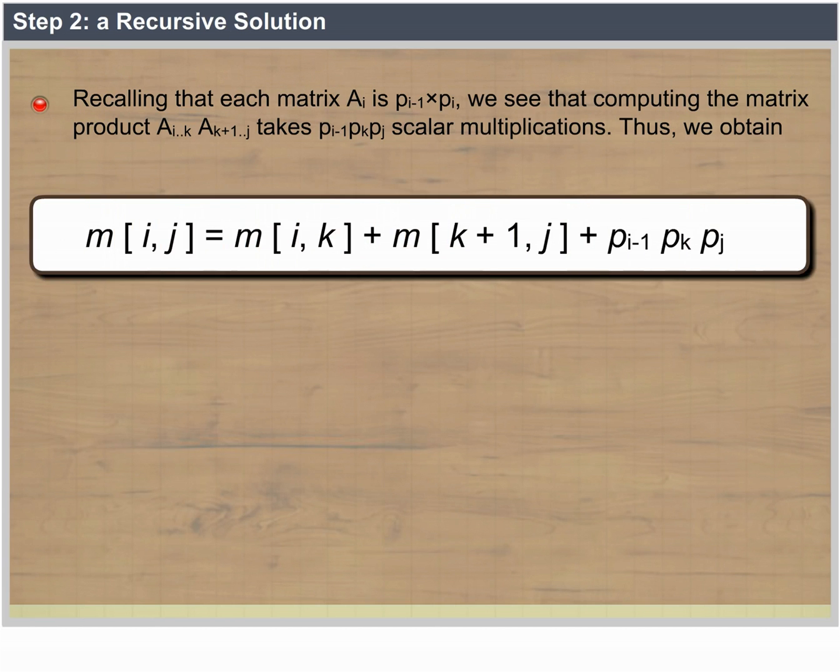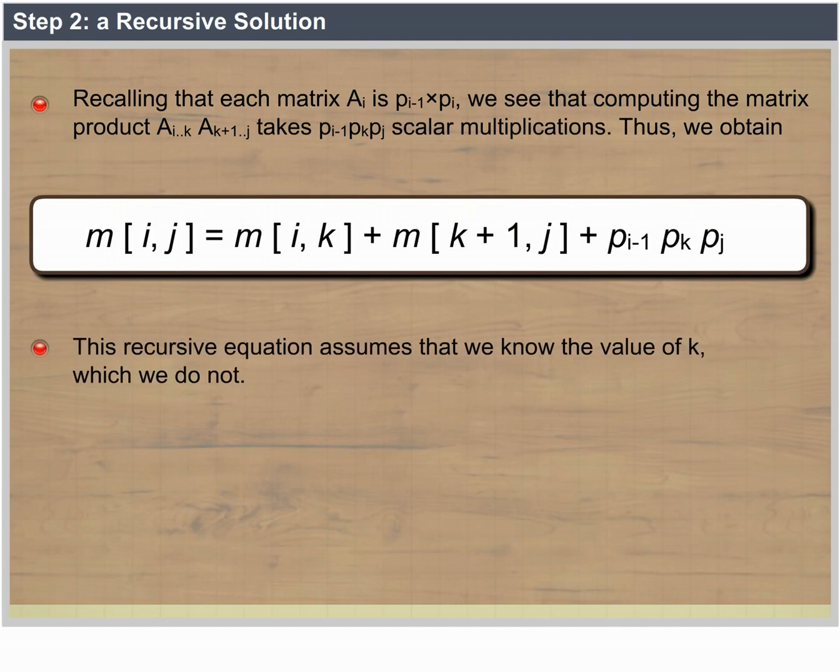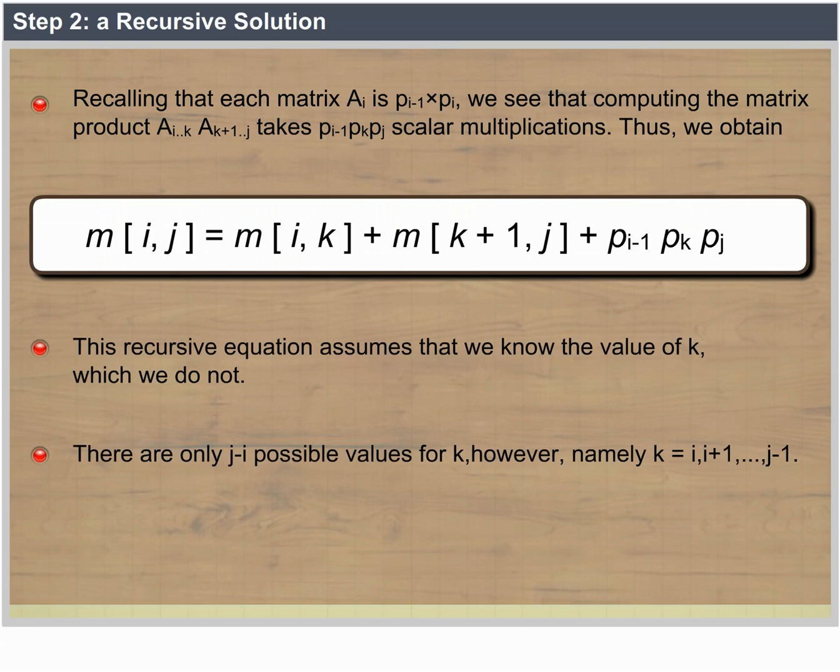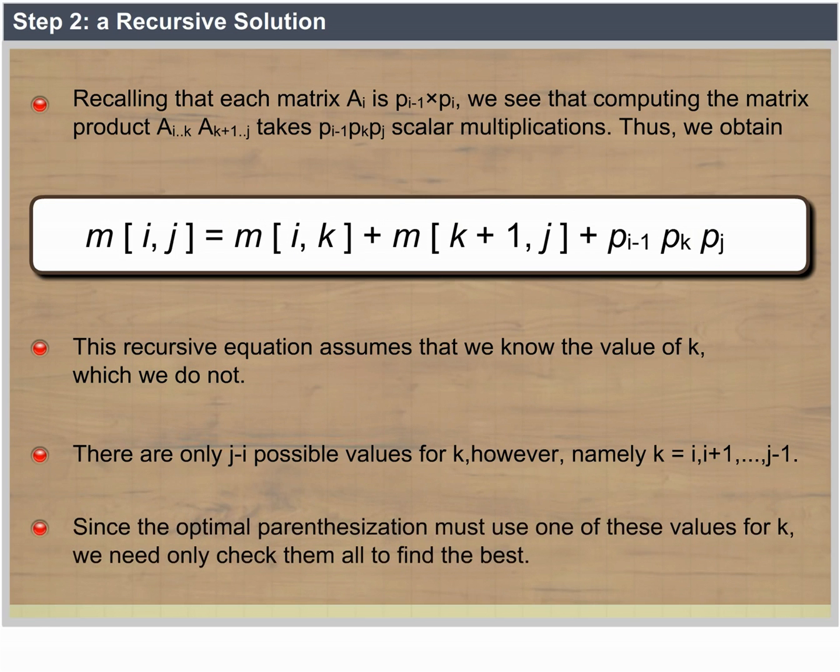This recursive equation assumes that we know the value of k, which we do not. There are only j minus i possible values for k, however, namely k equals i, i plus 1, up to j minus 1. Since the optimal parenthesization must use one of these values for k, we need only check them all to find the best.